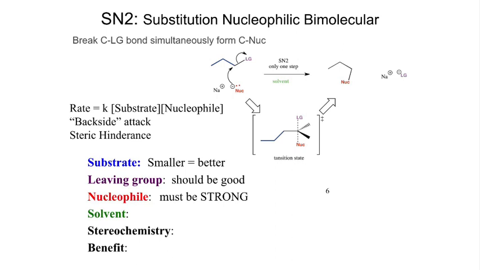If our nucleophile isn't strong, this becomes kind of an interesting challenge, because strong is actually a relative system. What we're doing is comparing the nucleophile to the leaving group. When we say strong, what we're saying is the nucleophile is more negative than the leaving group. Why do we want that to be true?